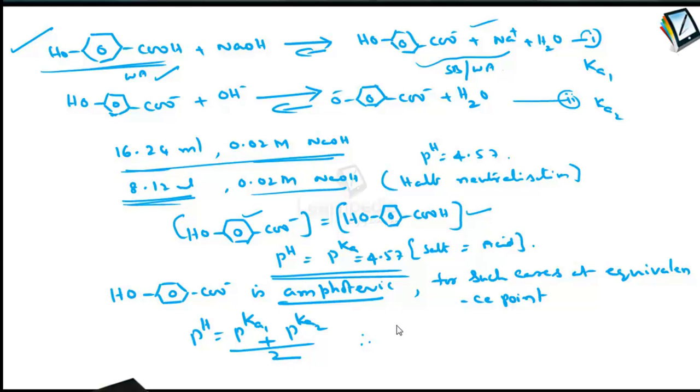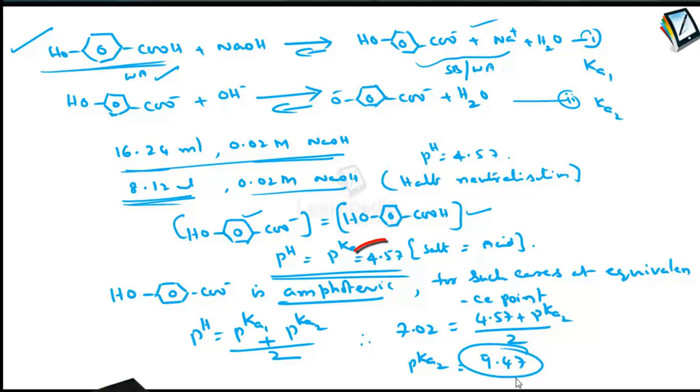We are given 7.02 in the problem. That is equal to (pKa1 plus pKa2) by 2, where pKa1 we got as 4.57. So can't we find out pKa2 from this relation? So we get pKa2, on solving, as 14.04 minus 4.57, which comes out to be 9.47. So one answer is 4.57, another answer is 9.47.